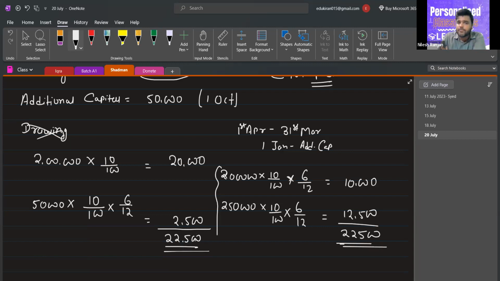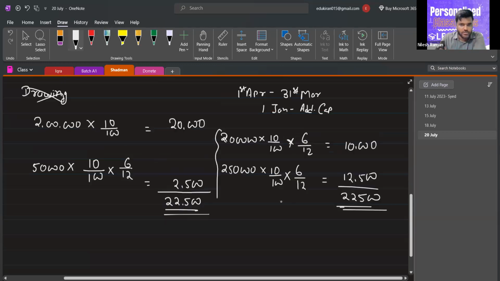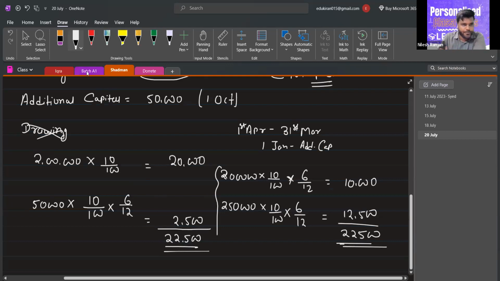But with this method, if there is any decrease, we deduct the amount from here and then calculate the interest on the balance amount. Let me give you an example of this also. We will discuss this portion of the topic later, but I'm just explaining the concept of interest here.